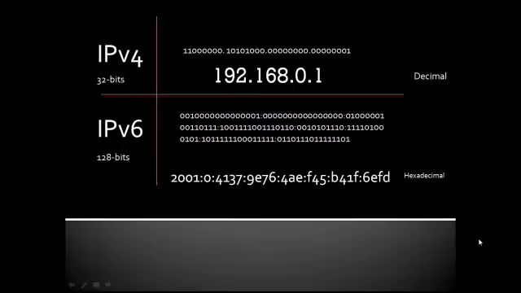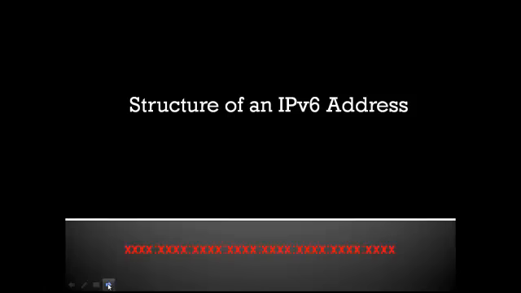The first obvious difference is the size of the address. IPv4 is 32 bits, and IPv6 is 4 times that, at 128 bits. IPv4 addresses convert from binary to decimal, whereas IPv6 addresses convert from binary to hexadecimal. We are now going to look at the structure of an IPv6 address.